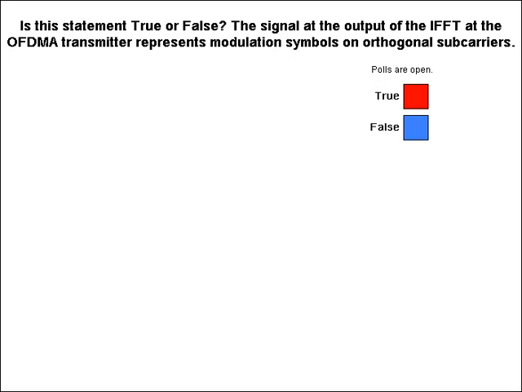So yes or no, true or false? Think about the strange looking signal. Inside that, do we have orthogonal subcarriers that have modulation symbols? What is an OFDM symbol? Inside that, what do you have? What will you find?